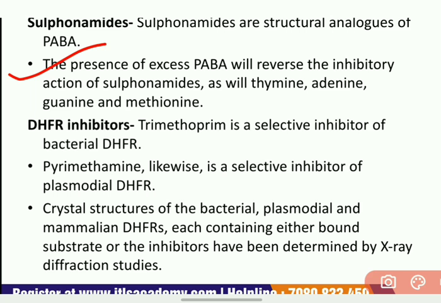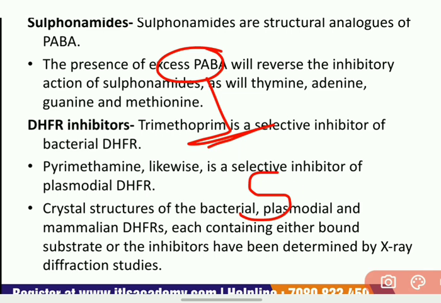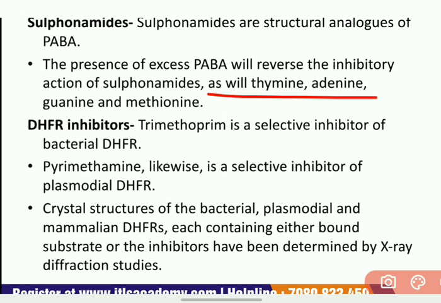The presence of excess PABA will reverse the inhibitory action of sulfonamides, as will thymine, adenine, guanine and methionine. However, these nutrients are not normally available at the site of infection for which the sulfonamides are used.